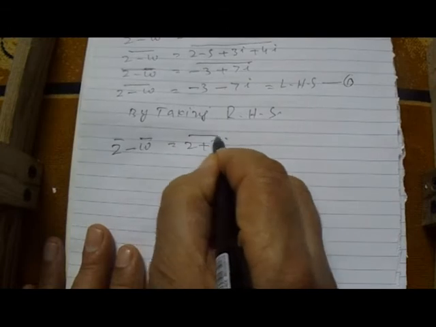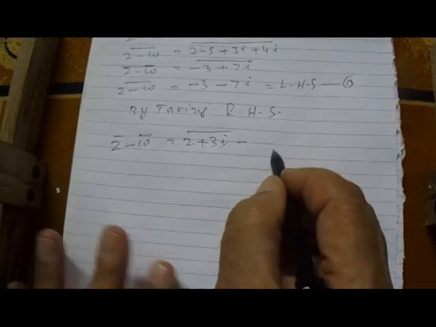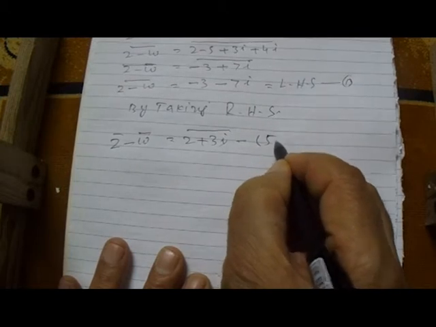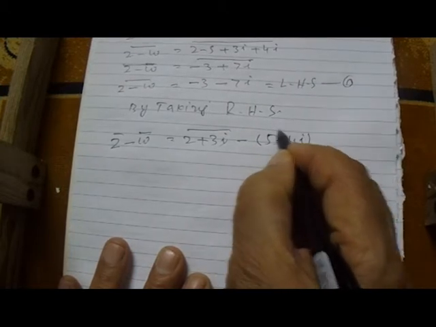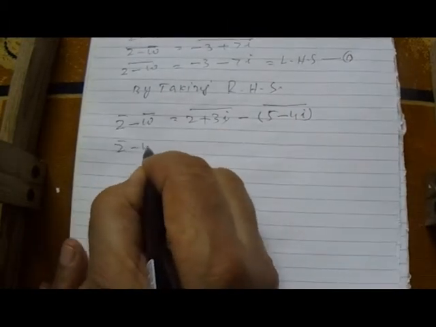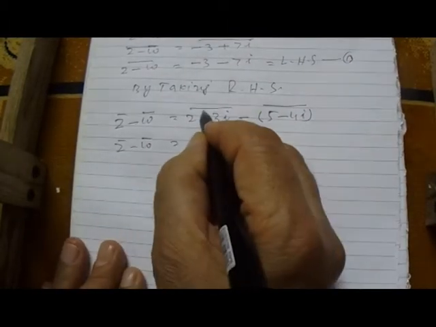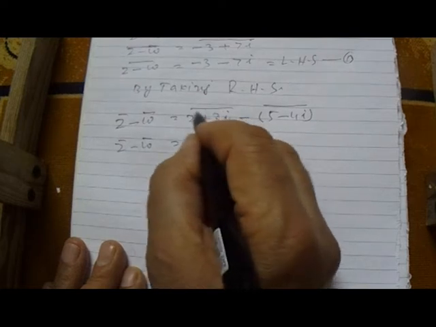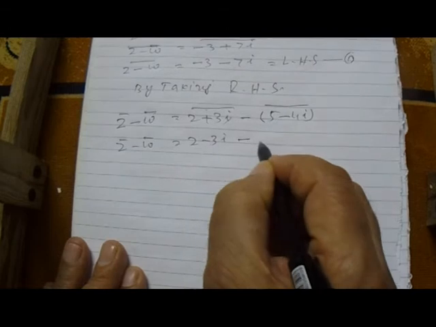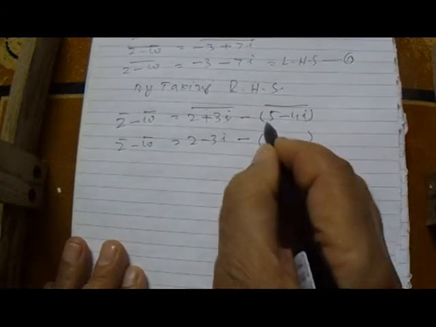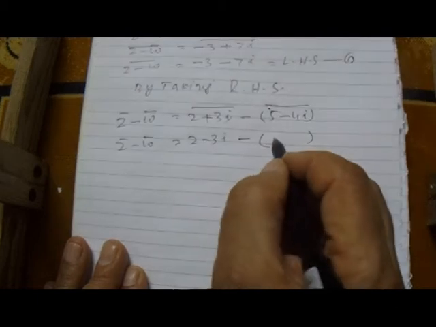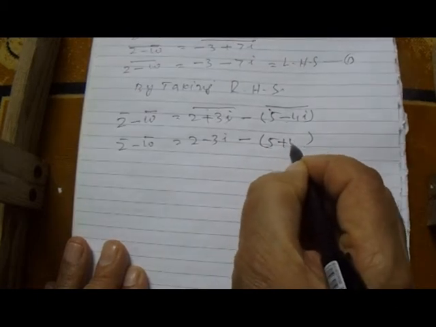And minus we write here in brackets 5 minus 4 iota. Here is also bar, z bar minus w bar is equal to, we remove this bar, we get 2 minus 3 iota, minus here, and we write this brackets, we remove this bar and change the sign of this iota, 5 plus 4 iota.